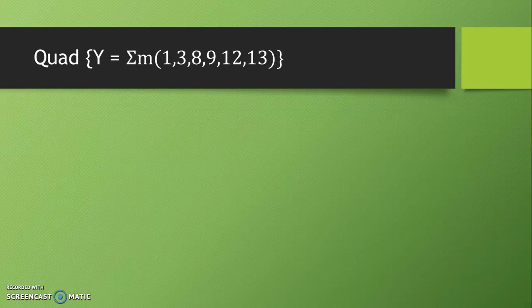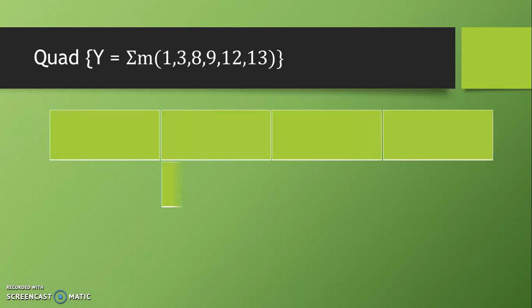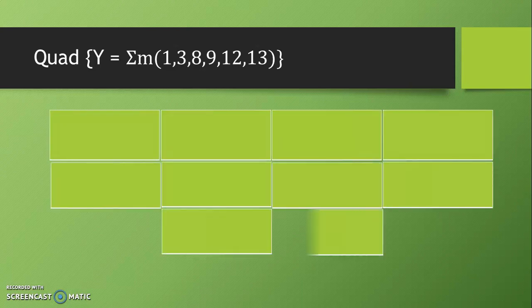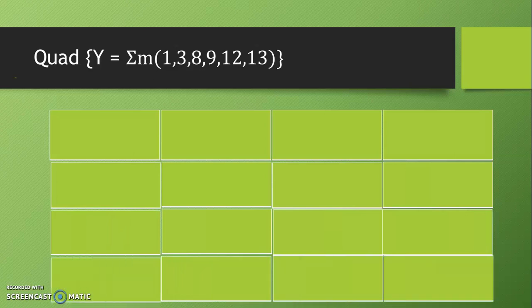Let us take one example of a quad. Again the Boolean function is given: summation m 1, 3, 8, 9, 12 and 13. Normally a quad is possible in case of 4 variables. So we have to prepare a K-map with 16 cells.